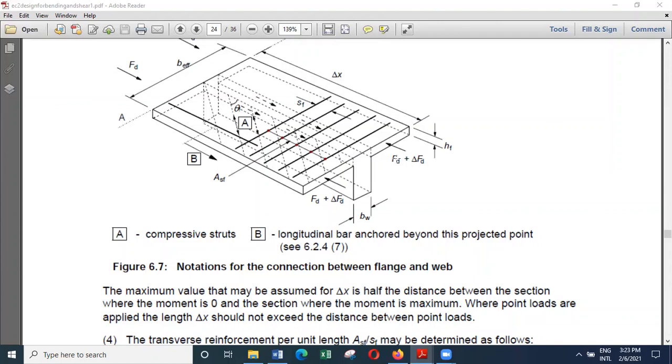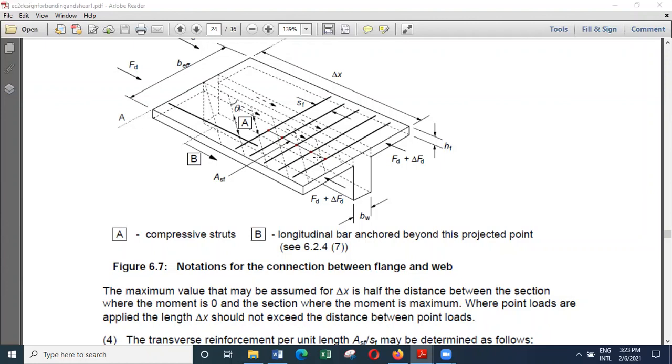So when the force in the flange is increasing, if you consider the equilibrium, here you get one force, here you get that force plus another component, and this additional component is going to cause some shear here, and that shear has to be resisted by the reinforcement that we provide within the flange width.